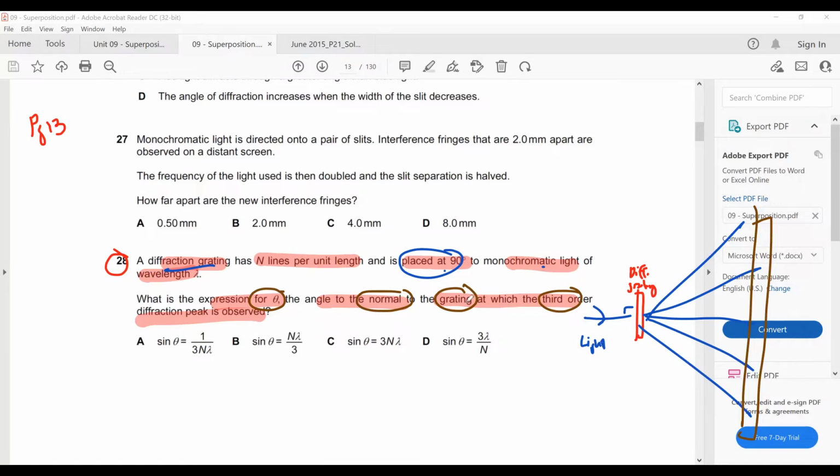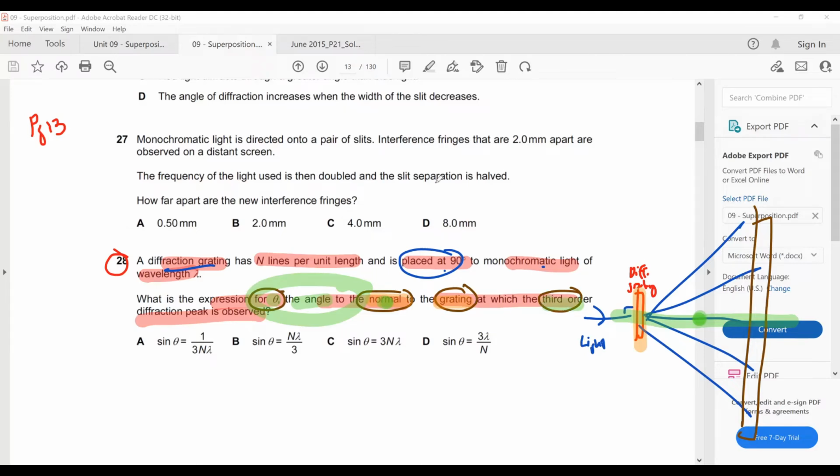You see, the grating is this one. Normal to the grating is actually this one. This is what they mean by the normal to the grating. So what they're asking right now, what's the angle theta, which is the angle to the normal of that grating? Basically, they're asking what is the angle to this line here, to the third order.